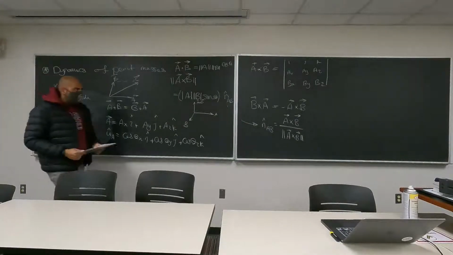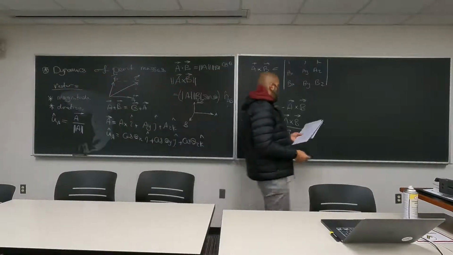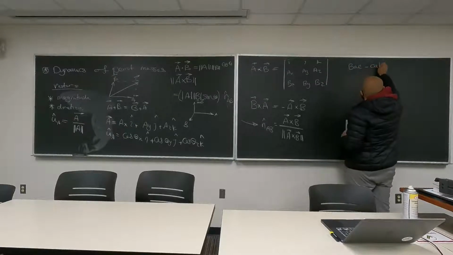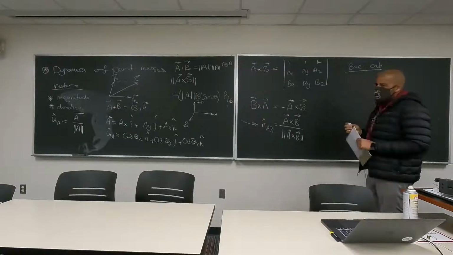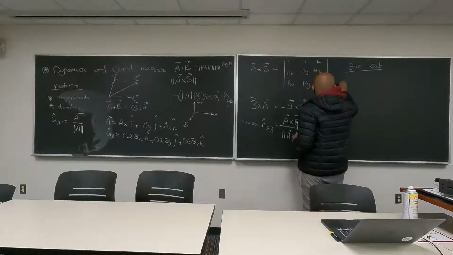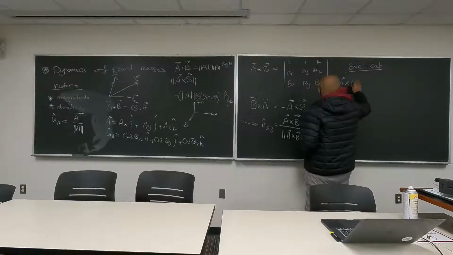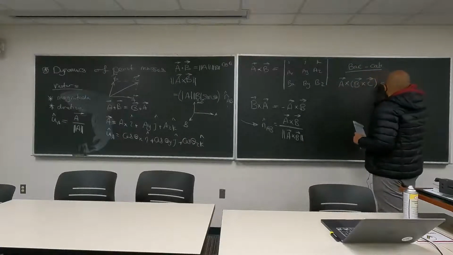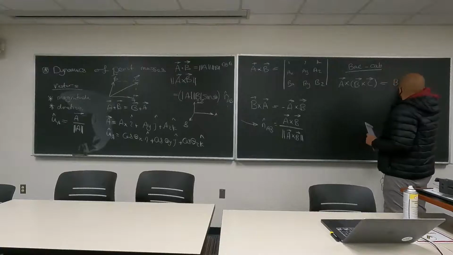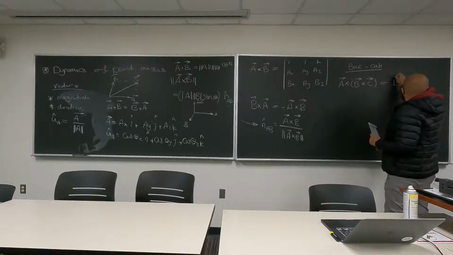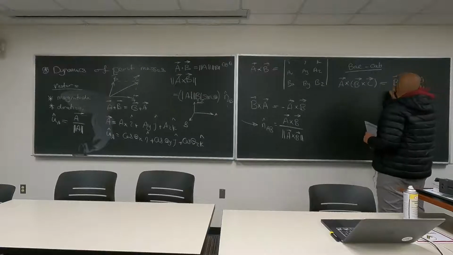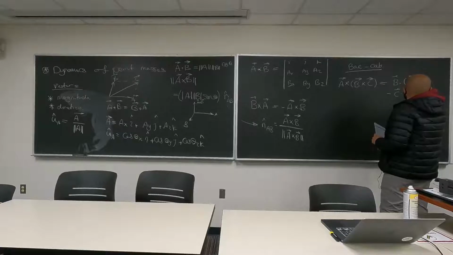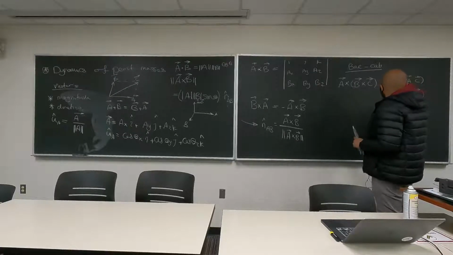Okay. We also have something called the BAC-CAB rule. So when it comes to the triple cross product, A cross B cross C is actually equal to B times A dot C, minus C times A dot B. So BAC-CAB.